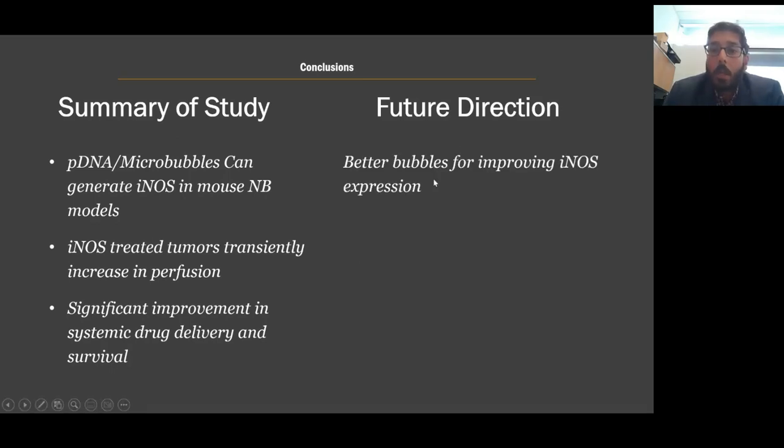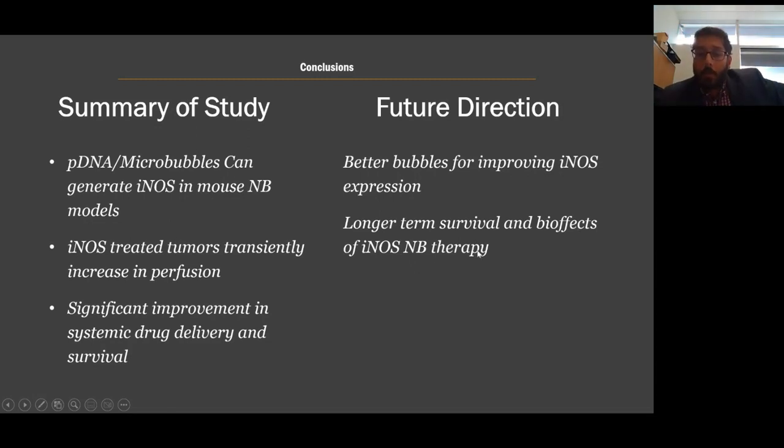We do want to explore better microbubbles for improving iNOS expression, specifically looking at microbubble size, other ways of packaging the plasmids onto the bubble itself, and also explore longer-term survival and bioeffects of iNOS in neuroblastoma therapy.